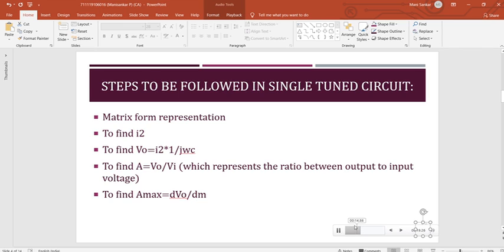The third is to find V0, which can be found by multiplying I2 by 1 divided by j omega C. The fourth is to find the amplification factor, which is the ratio of output to input voltage. The final one is to find A max, which is found by the differentiation of V0 with respect to M.